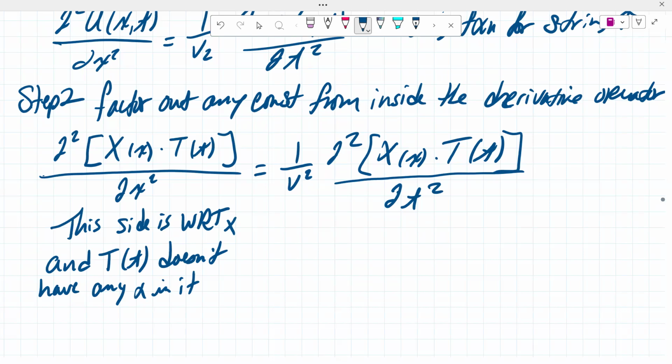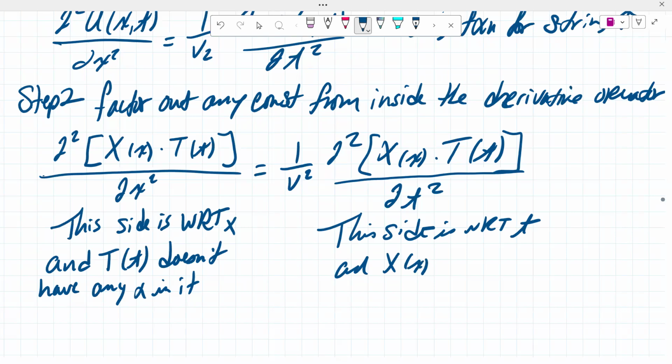Similarly, on the right-hand side, this side is with respect to t. And X of x doesn't have any t in it.